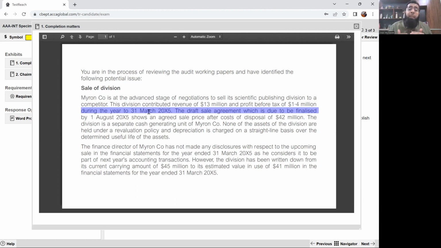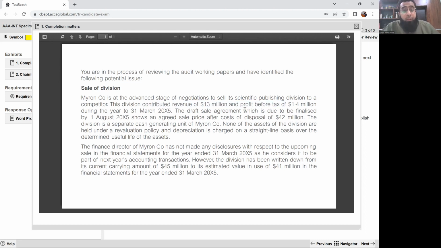So Myron Company is in the process of selling one of its business divisions. Now your mind should alert you about IFRS 5, held for sale and discontinued operations. How did your mind detect this concept? See, this division contributes revenue and profit before tax, which means it was a separate line of business which we are selling.